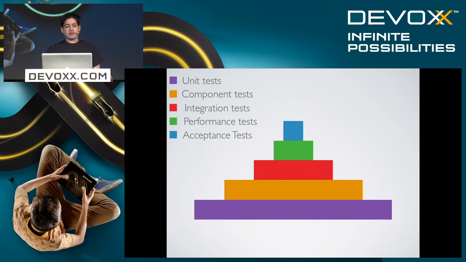There's another thing as well. As you go up the stack, the tests become more and more coupled because they're pulling in more and more parts of your domain. It means they become more fragile, which means that if you change any one lower part of your application, the chances are you're going to have to start changing tests up the stack. The more tests you've got at the top of the stack, the more of those tests you're going to have to change. Unit tests, by their nature, test a single unit of code.